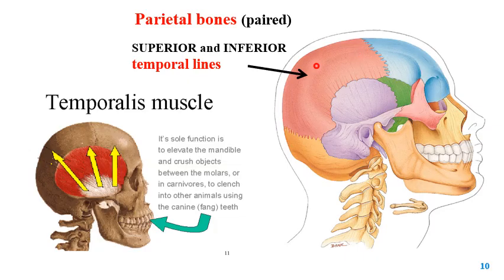Okay, so this is a parietal bone, and this is very important for attachment of this muscle that brings up your mandible. Okay, so the mandible here is the only bone in your skull that moves.